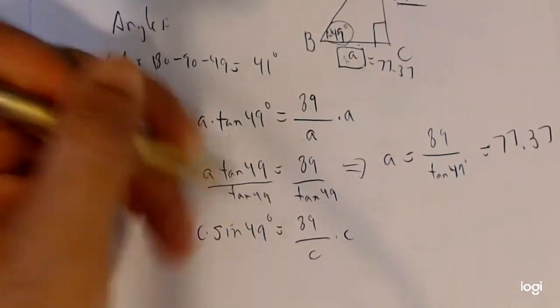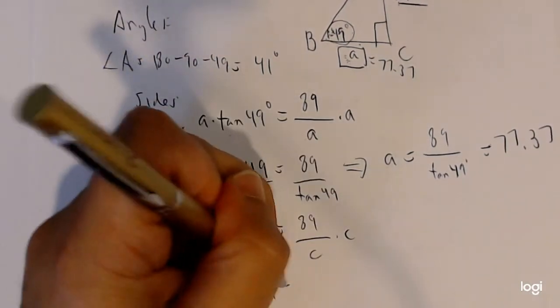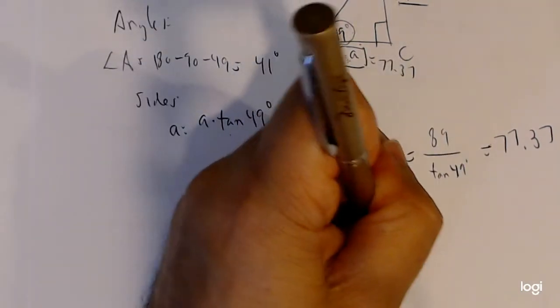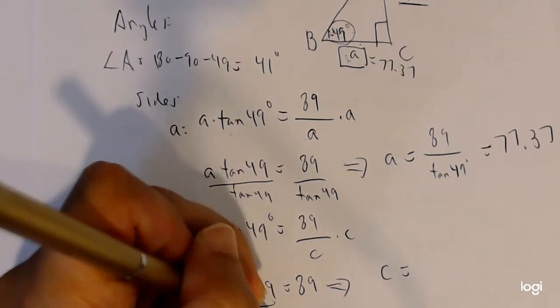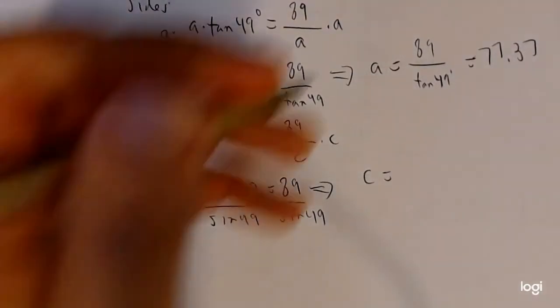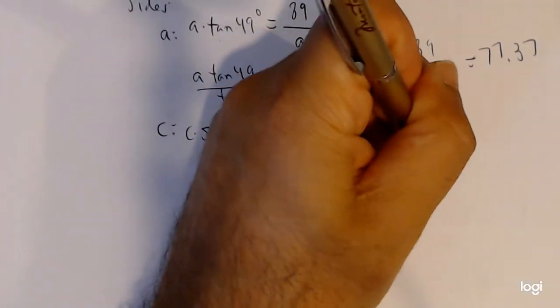Multiply both sides by C. So you get C sine of 49 equals 89, which implies, if I divide both sides by sine of 49, that C equals 89 over sine of 49.